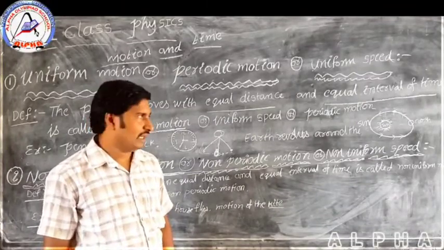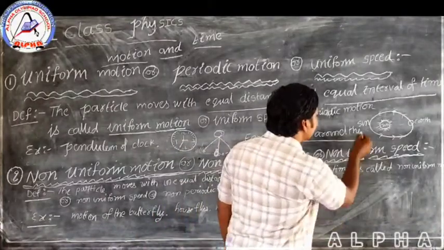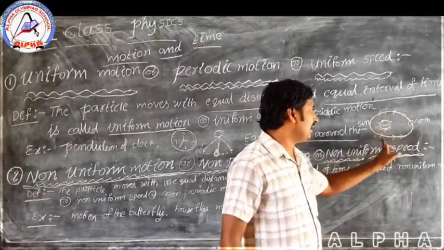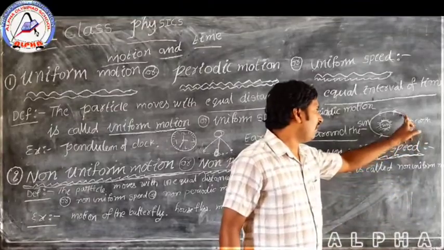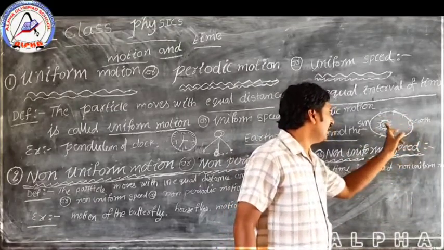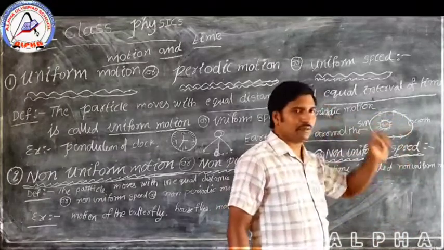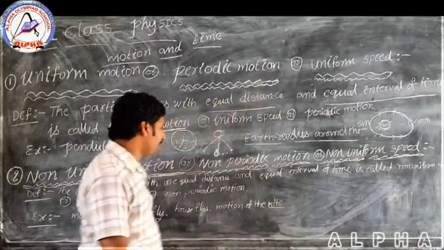Listen to the picture: this is a circular object, and the earth revolves around the sun. This is one example of periodic motion.